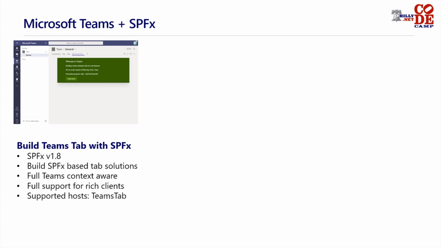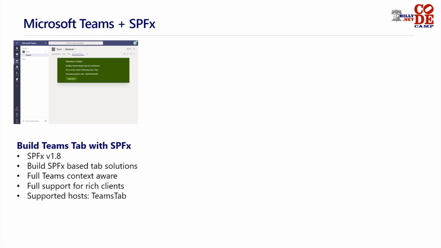So let's start with this one by one. The first one we are starting with is very basic: how we can build a Teams tab with SPFx. With the release of SharePoint Framework version 1.8, Microsoft introduced the possibility to build tabs in Microsoft Teams using SharePoint Framework solutions, which means any of your SharePoint Framework solutions can now be easily ported to Microsoft Teams without any need for external services.